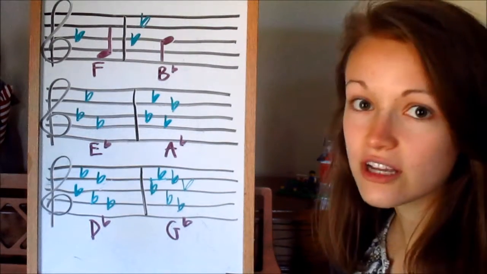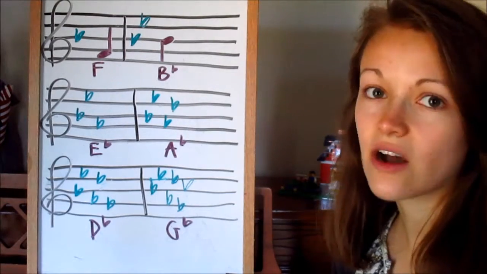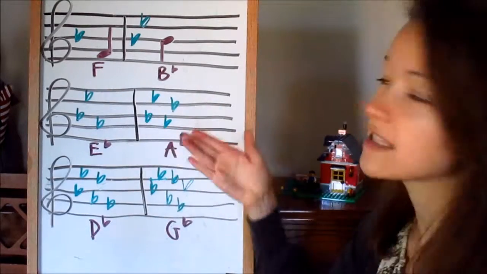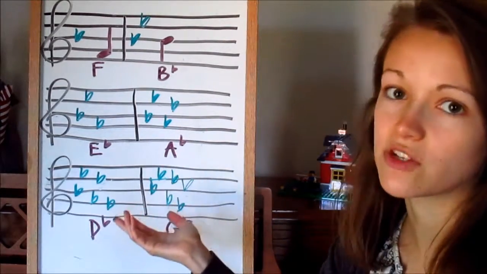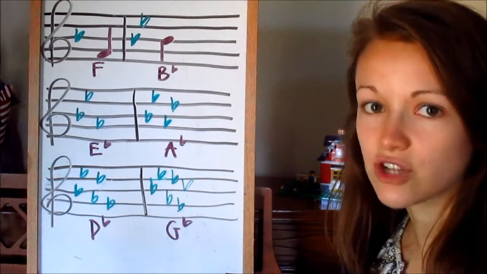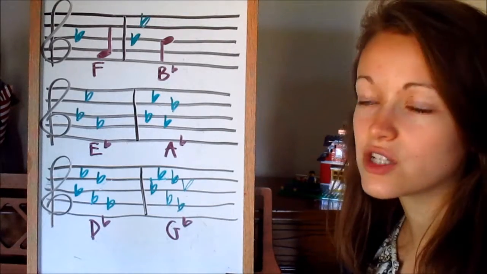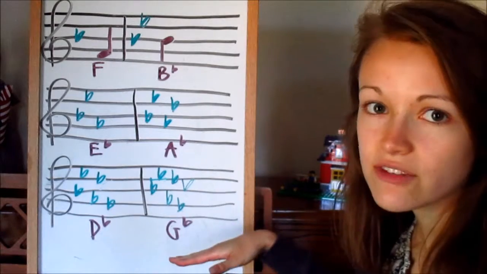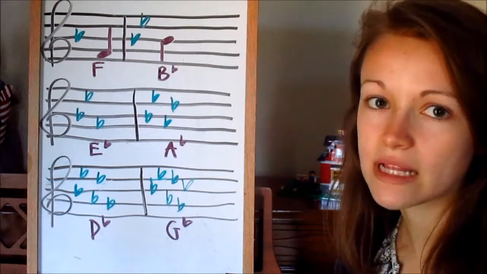Now, as I mentioned earlier, this technique also works for bass clef. The placement of the flats, or the sharps if you have sharps next to the clef, is going to look a little different, because the placement of notes in the bass clef is different, but the technique still remains the same.